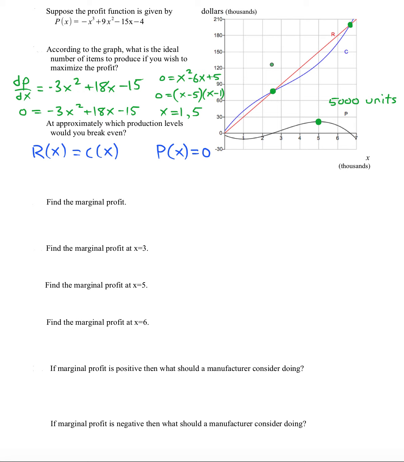Okay, now if we trace those down, we can see that this is where the profit is 0 and it's where the revenue equals the costs. It's called a break-even point.